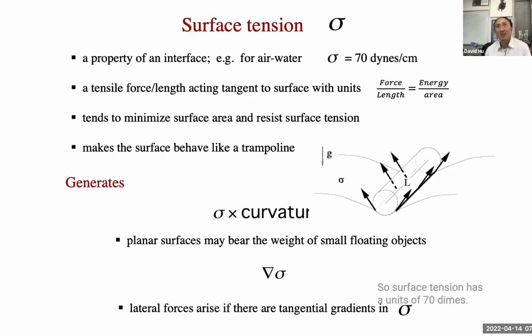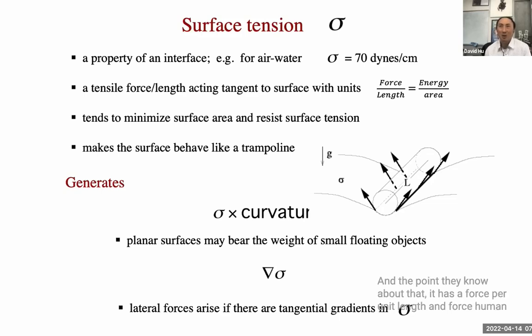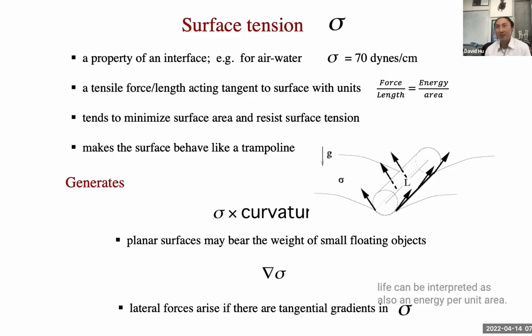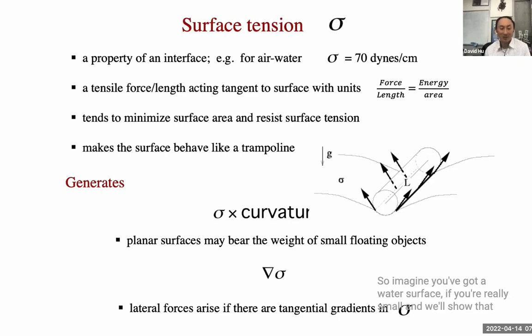So surface tension has the units of 70 dynes per centimeter. Dyne is a unit of force, in centimeter-gram-second units. And the important thing to know about that is that it is a force per unit length. And force per unit length can also be interpreted as an energy per unit area. So imagine you've got a water surface. If you're really small, we'll show that basically you can jump on it like a trampoline if you're hydrophobic.